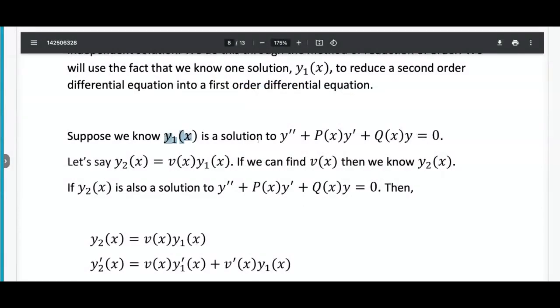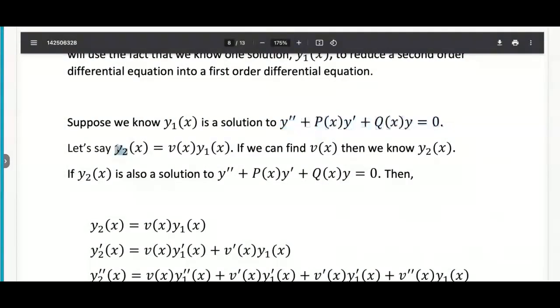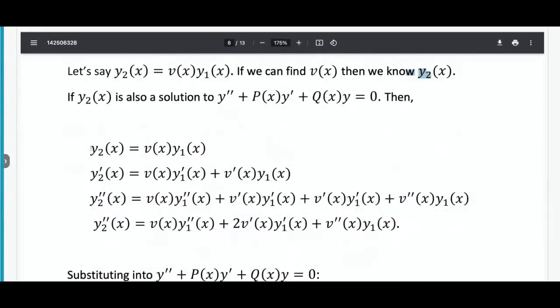Suppose we know y1 is a solution to this form of differential equation. And y2 is related to y1 with this v of x as a scalar. So if we can find such a v of x, then we know y2 is also a solution.